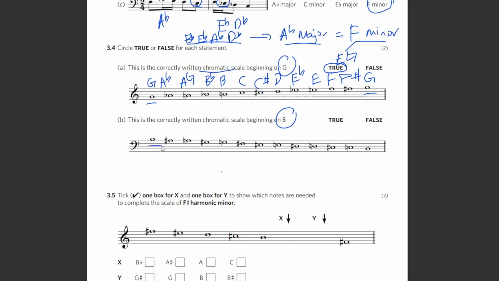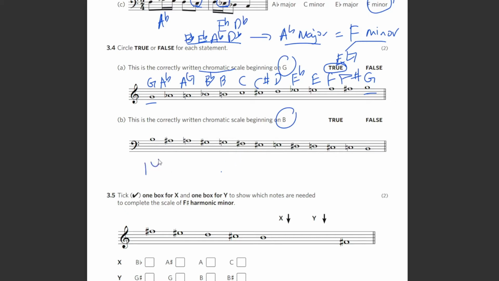First check, does it start and end with B? Correct. Let's check, does it cover each note at least once and not more than 2 times? So B, 2 A's, 2 G's, 1 F, E, D, C, B. Each note is used at least once and not more than 2 times.